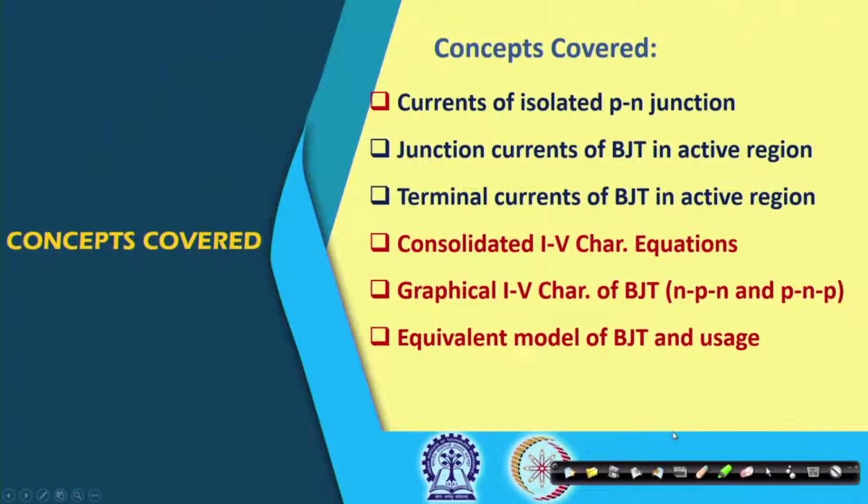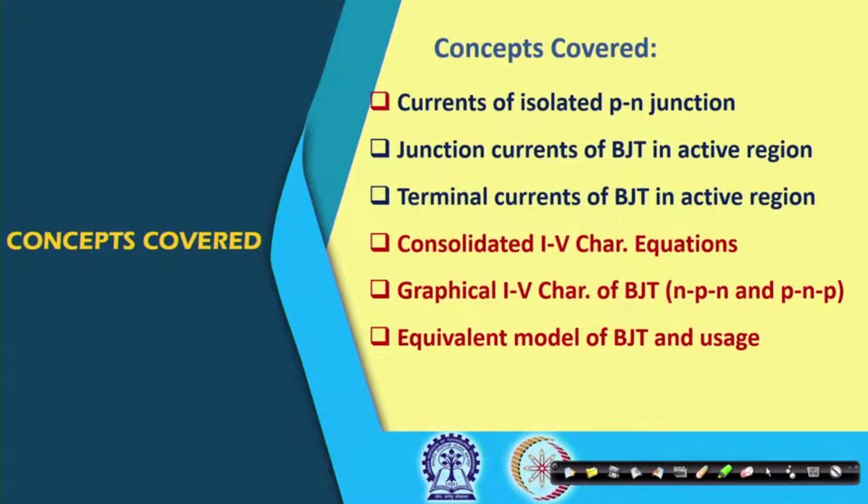These are the concepts we have already covered. The blue colored first three items we have already covered, and today we are going to the IV characteristic and how we use the IV characteristic to analyze simple BJT circuits.